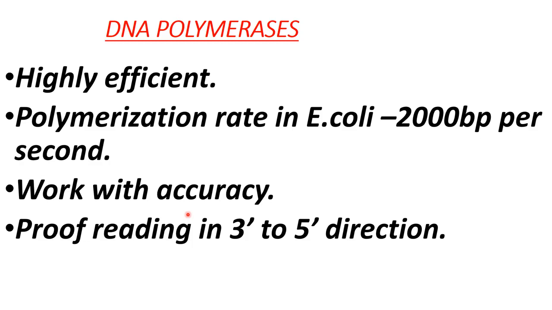That cross-checking is called proofreading, and it is done in the 3 prime to 5 prime direction. For the polymerization, this DNA polymerase acts in the 5 prime to 3 prime direction. Then for the proofreading, it comes back in the 3 prime to 5 prime direction.